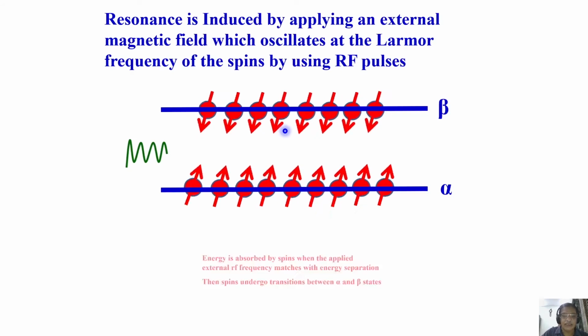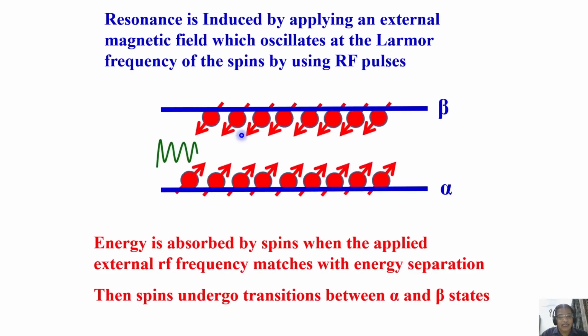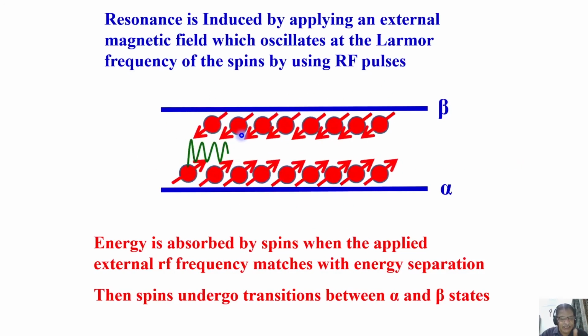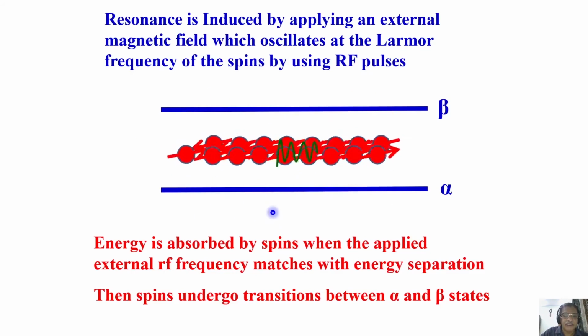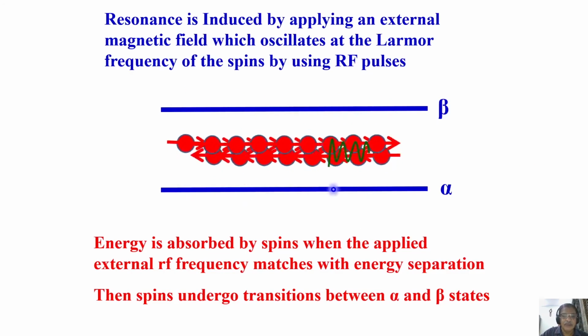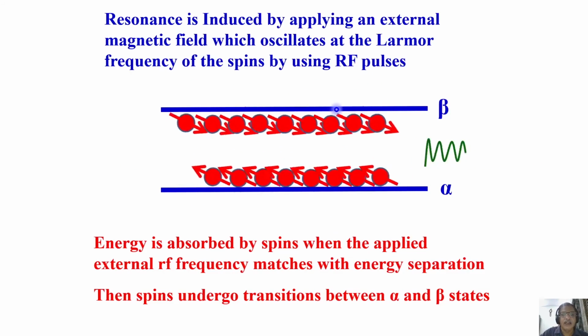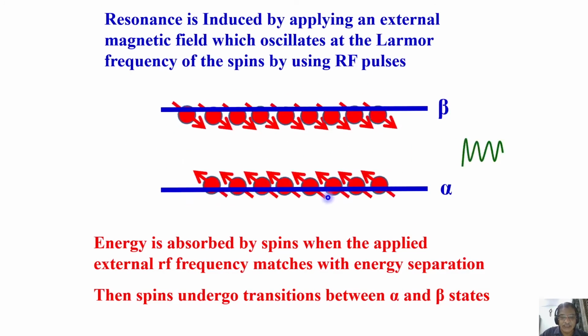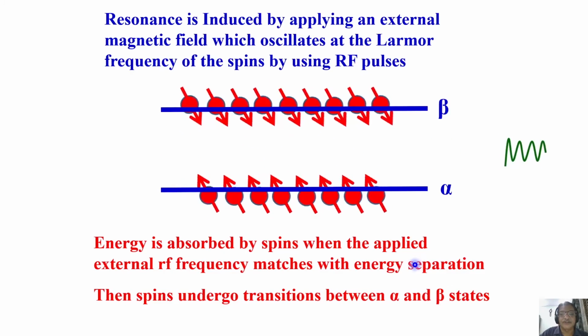When the frequency matches, what happens? You apply the radio frequency pulse in a particular direction, that is in a direction perpendicular to the magnetic field. The spins absorb energy and go from lower energy state to higher energy state and come down from higher energy state to lower energy state. This is called transitions.